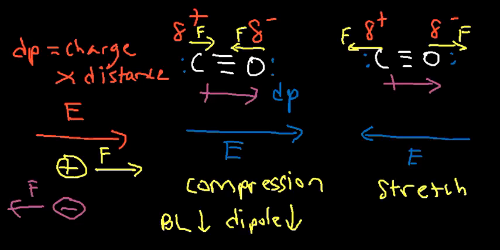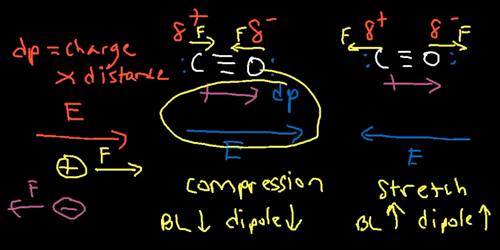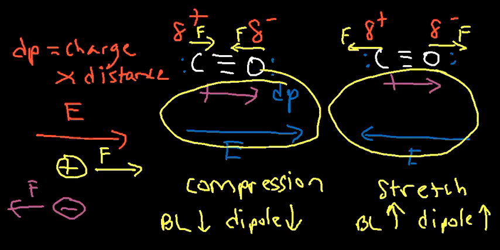And since the bond becomes longer, the bond length increases, the dipole moment actually increases in response. So that's how you know if a molecule is going to compress or stretch. It really depends on the direction of the dipole moment and the electric field. If they're in the same direction, you have compression. If they're in opposite directions, it's going to stretch.